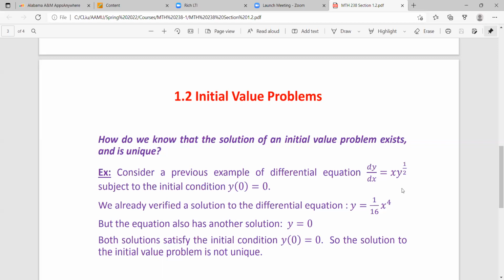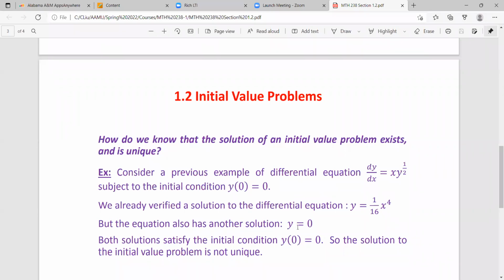If you plug a constant function into the differential equation, you take the derivative of a constant, you get 0 on the left side. On the right side, x times 0 to the half, you get also 0. So the equation is satisfied. And obviously, y of 0 is 0 because y is always 0. So this is indeed another solution to the initial value problem.